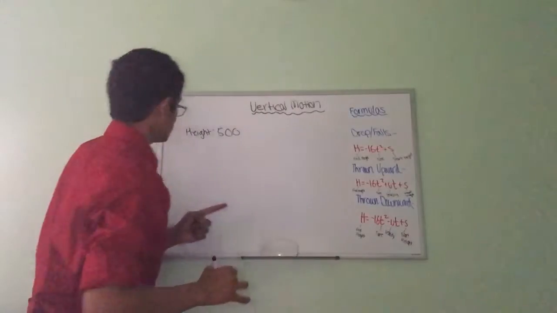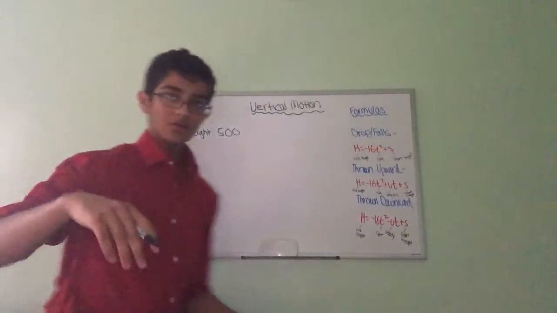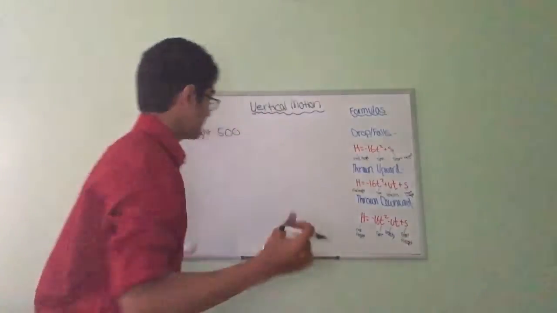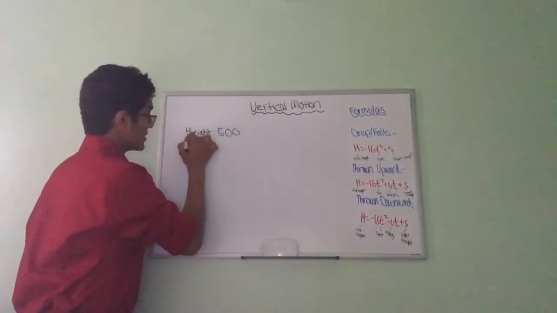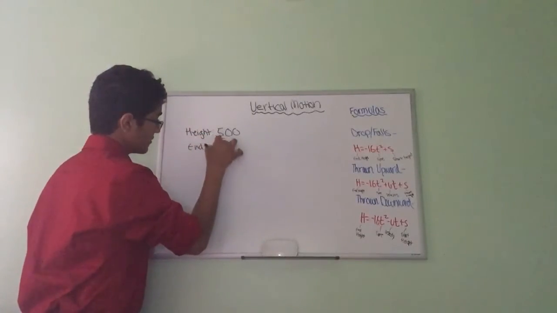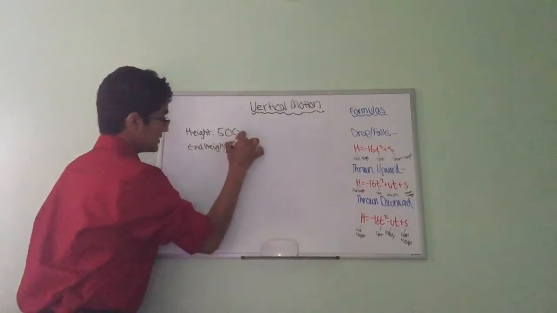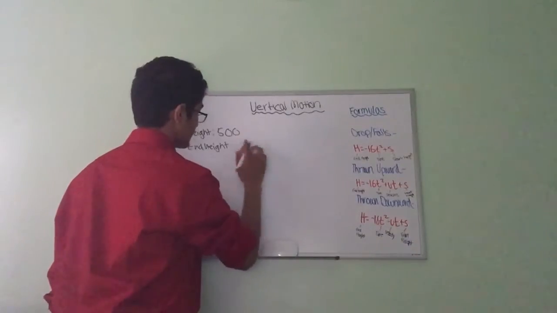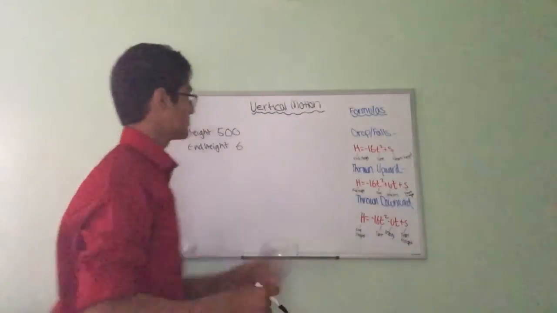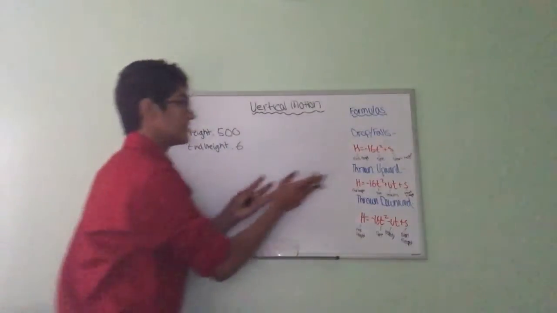From 500 feet, you want to drop a ball, and you want it to hit a rock that's 6 feet high. So your end height would be 6.